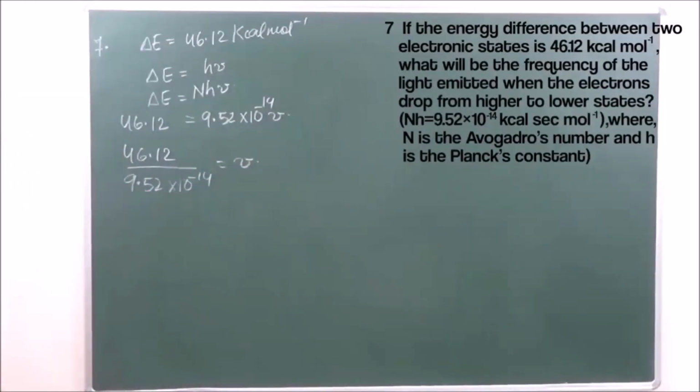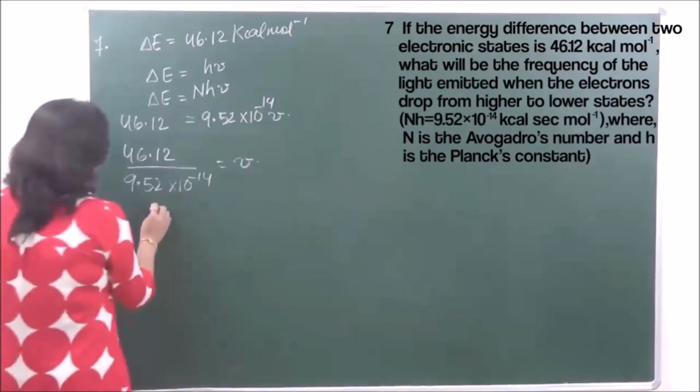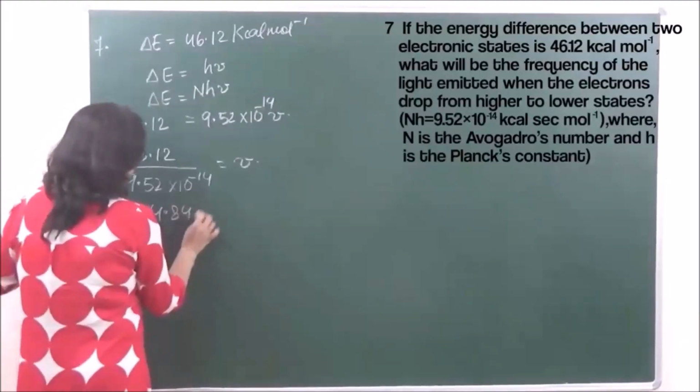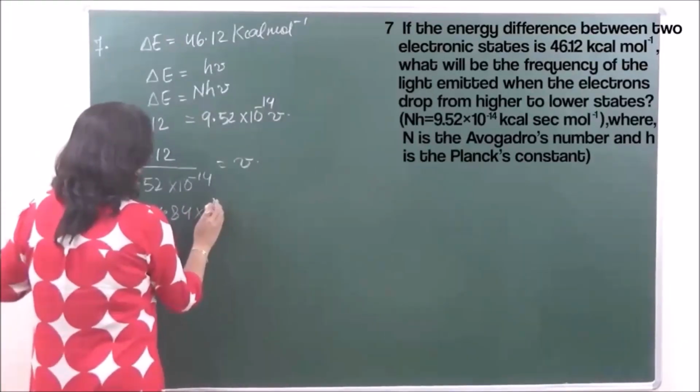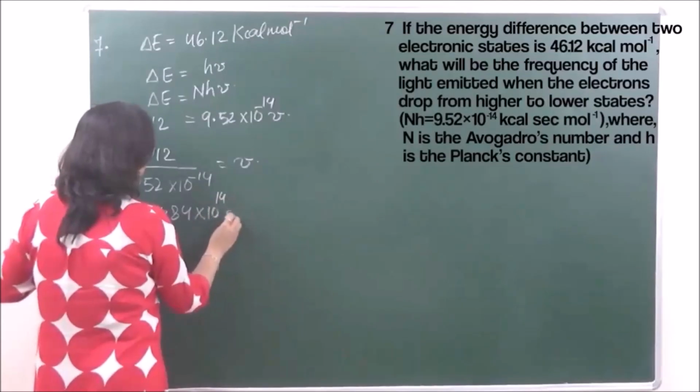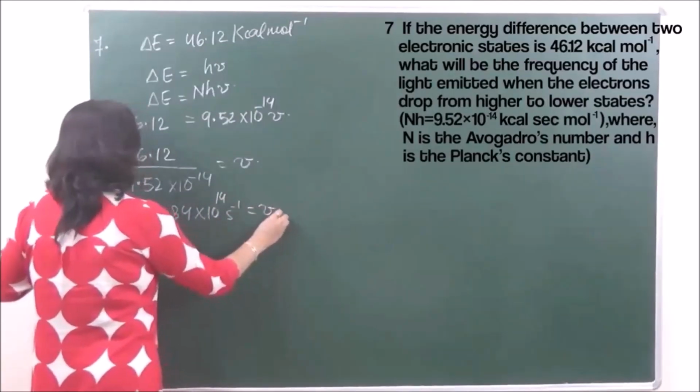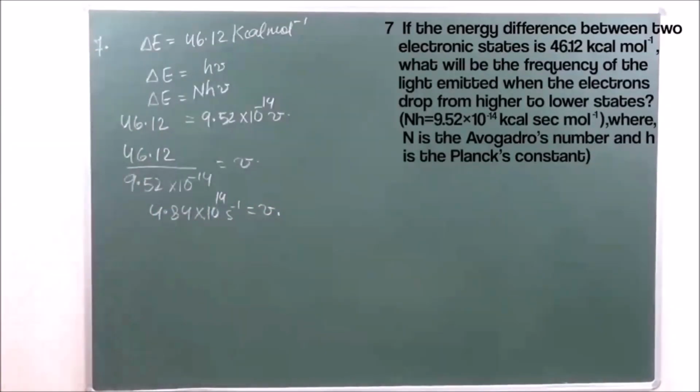So nu becomes equal to 4.84 into 10 raised to power 14 per second is the unit. Done? Okay. Then let's go on to question 8.